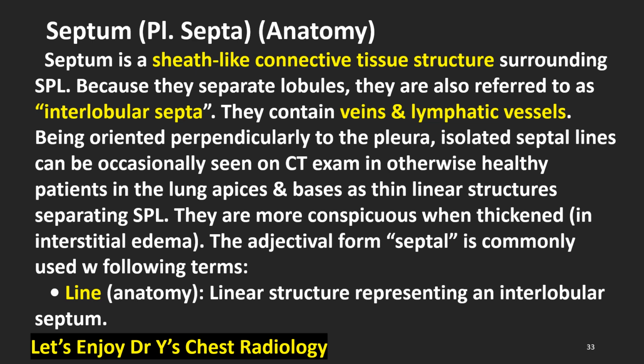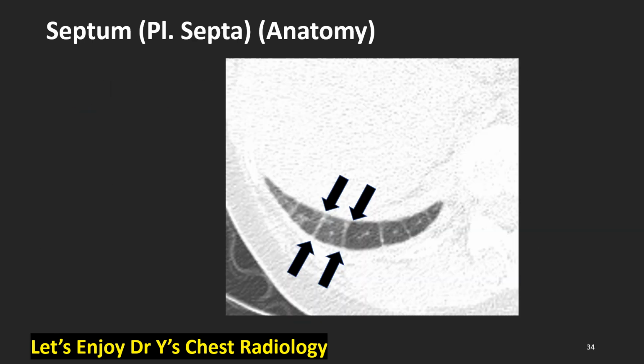The adjectival form septal is commonly used with the following terms: line anatomy, linear structure representing an interlobular septum. Septum, pleura, septa anatomy. Arrows indicate septum in right lower lobe.